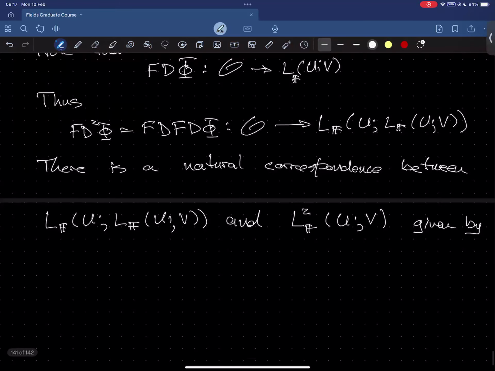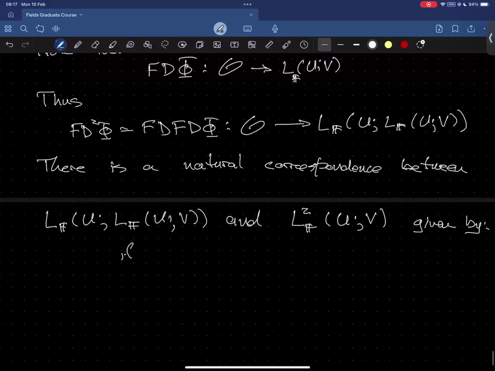Okay, so if, what do I want to call this thing? Let's maybe call it little phi for the time being. Okay, so if I have a mapping phi in here, okay, so this is going to be a linear mapping into the space of linear mappings.